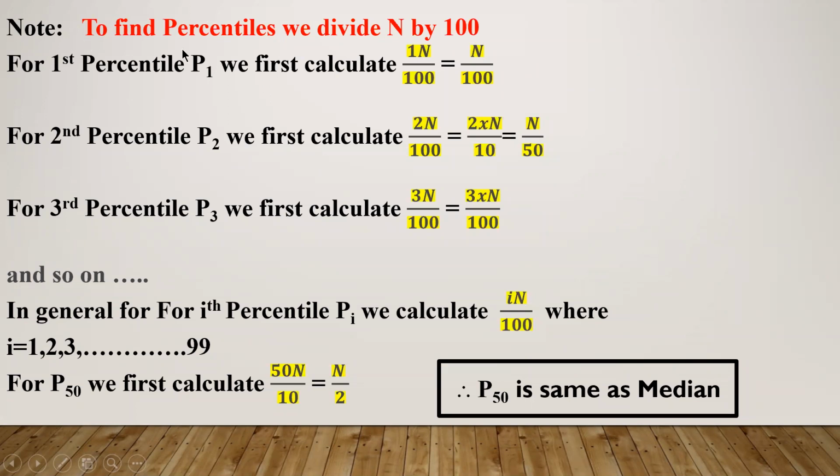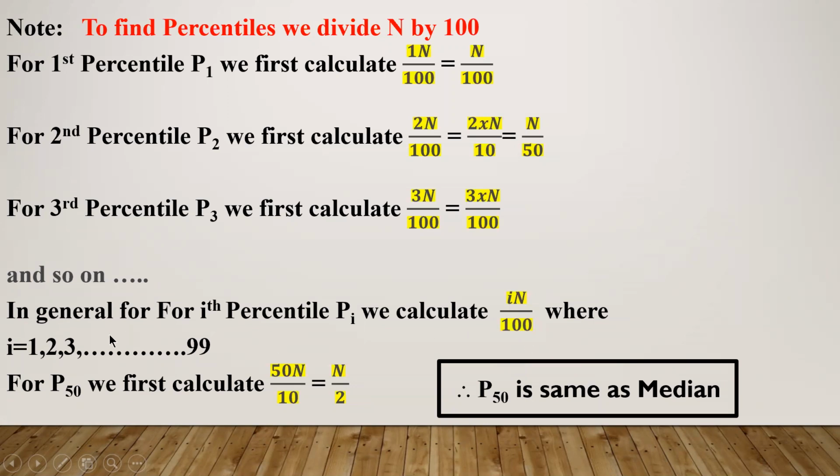If you are calculating the first percentile, P1, then we will first calculate 1n by 100, that is the same as n by 100. For the second percentile P2, we will calculate 2n by 100. For the third percentile, 3n by 100, and so on. In general, for the ith percentile, Pi, we will calculate in by 100.